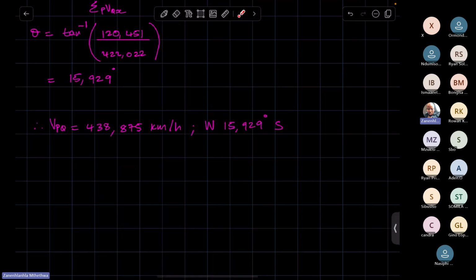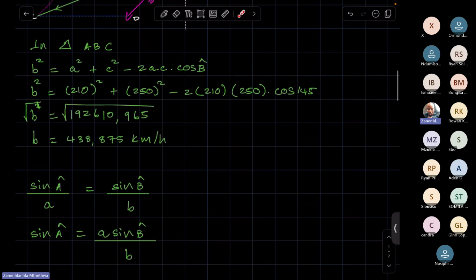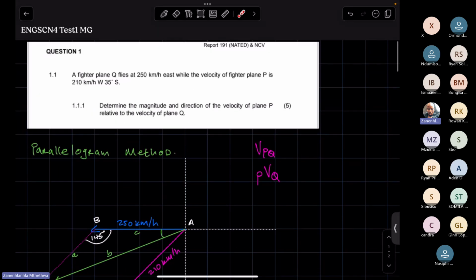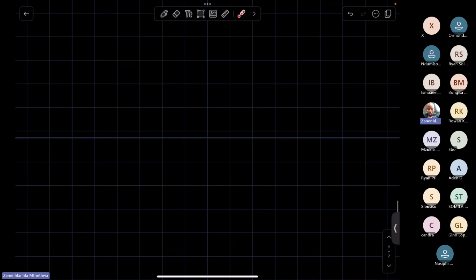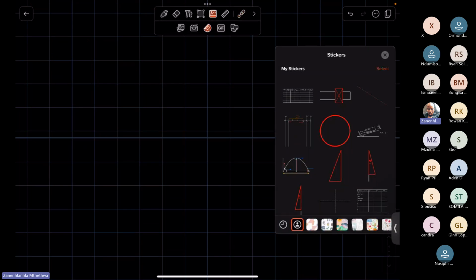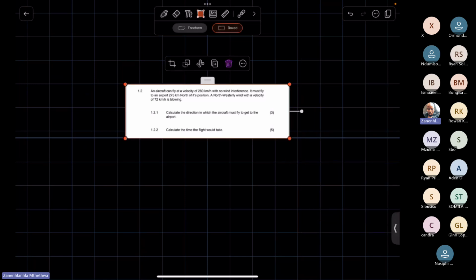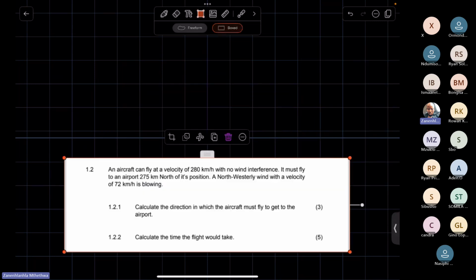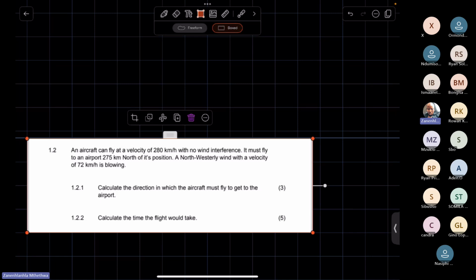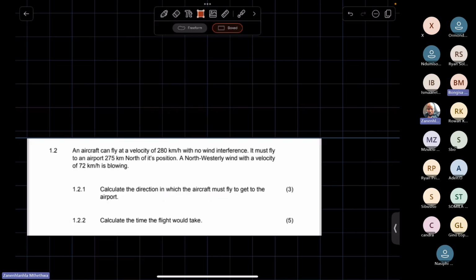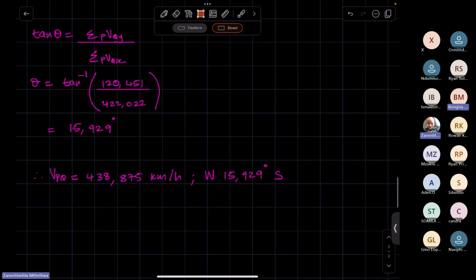Okay. Let us move on to, this was 1.1, so let's move on to 1.2. Lastly, sir, if on the exam they ask you to use a specific method and you use a different one, do you get 0? Maybe some of us are comfortable with another one.